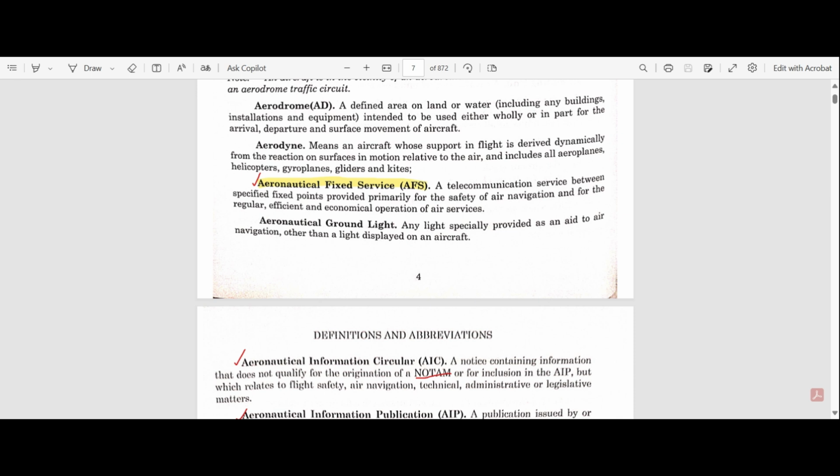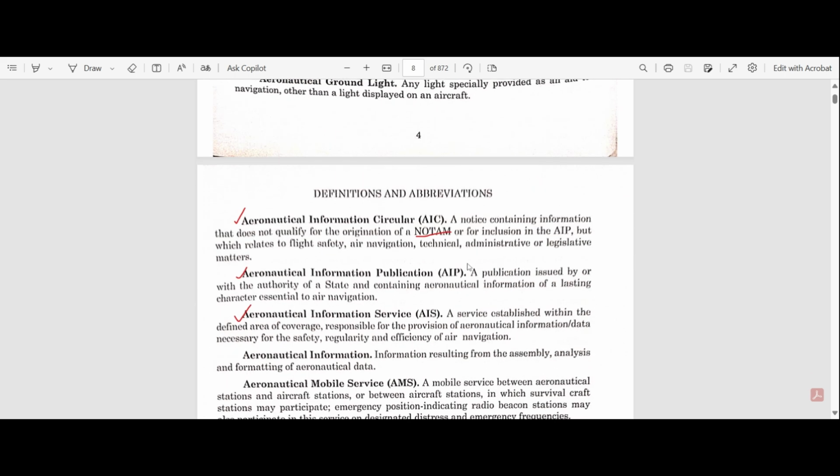The next we need to do is aeronautical information circular. It has its own chapter, so we'll discuss it over there. The next is Aeronautical Information Publication, same chapter, and Aeronautical Information Service. Again, they are in a particular chapter, so we'll do these later on.